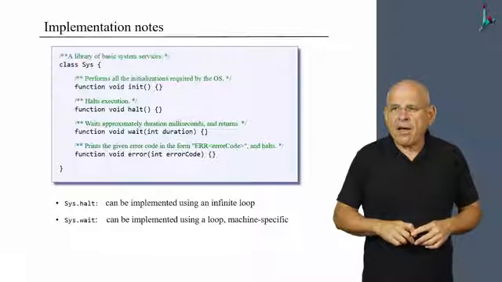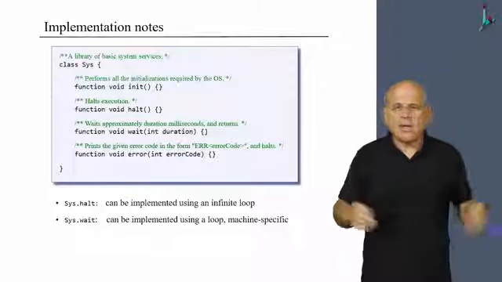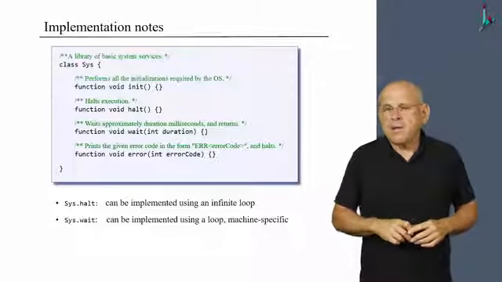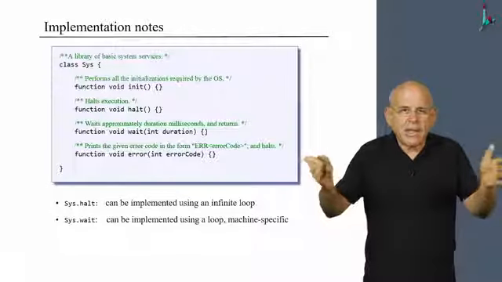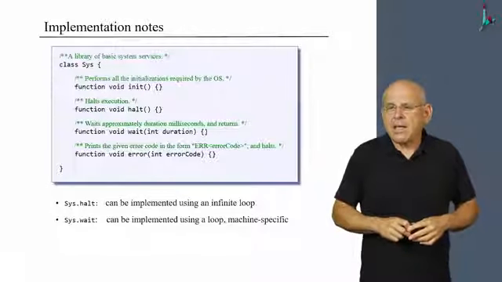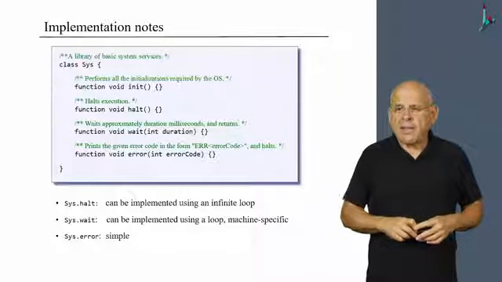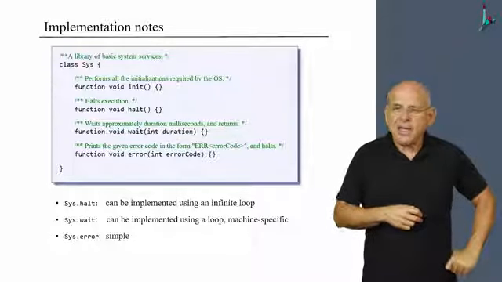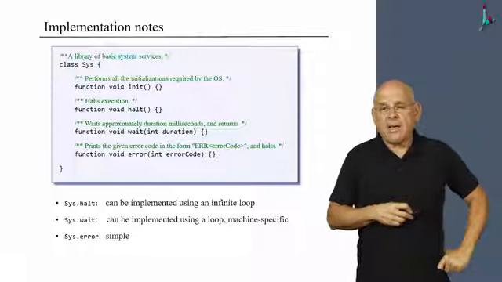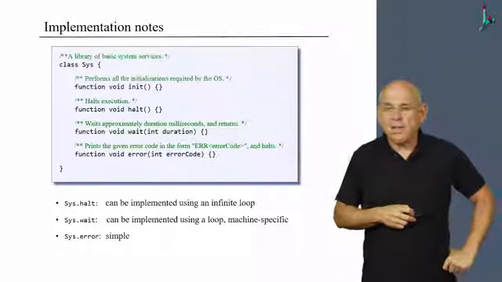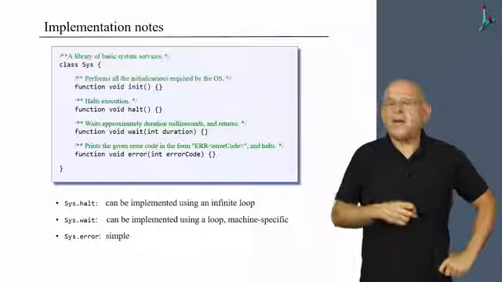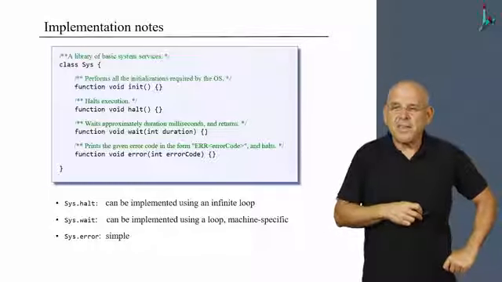Finally, we have a housekeeping utility called error, which simply receives some number of an error code and prints it nicely on the screen. And this is so trivial that I don't want to discuss it. And that's basically our sys class, which is also the last class in our operating system.